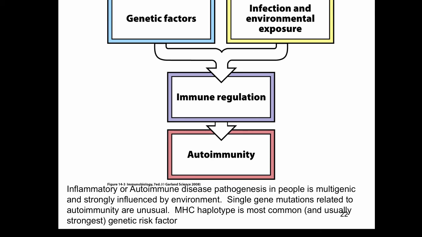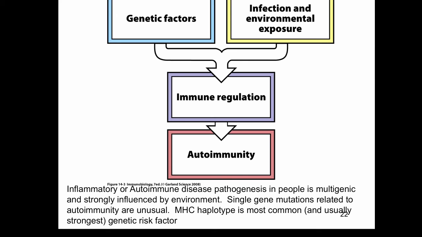And so what causes people to develop these types of autoimmune diseases? And so the pathogenesis of autoimmune diseases is complex and probably involves an interaction of both genetic factors as well as environmental factors that cause a dysregulation of immune responses, resulting in an inappropriate tissue destruction.